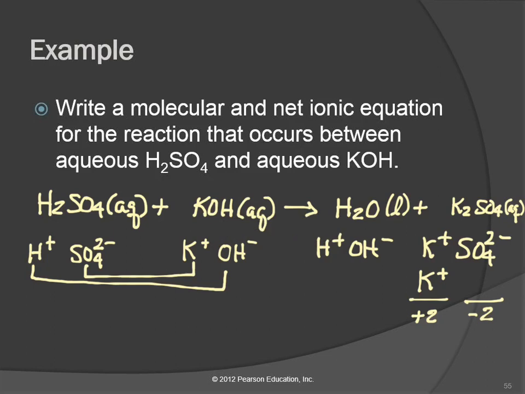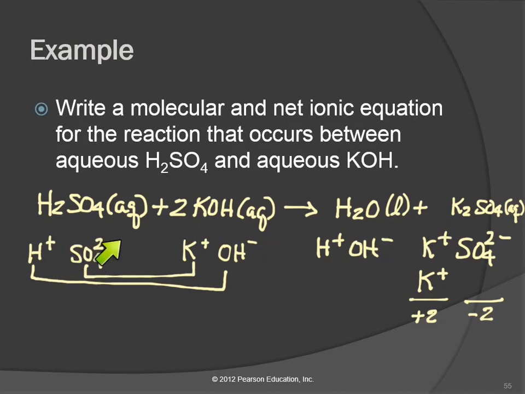So let's maybe not start with the hydrogens because they're kind of all over the place and that looks like it might be messy. Here, maybe let's start with potassium instead. We have 1 potassium on this side of the arrow, but we have 2 on that side of the arrow. So that means we need to put a coefficient of 2 in front of the KOH. Now we have 2 potassiums here and 2 there.